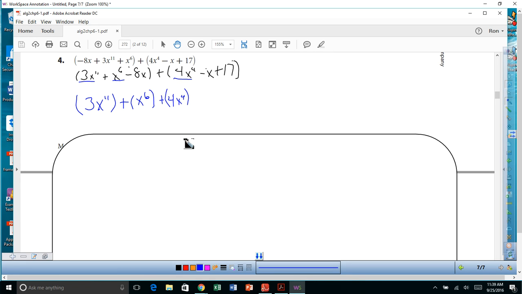And then here's our first combine here. We got negative 8x minus x. And then our last one is just 17. So wasn't a whole lot to combine on there, was there?